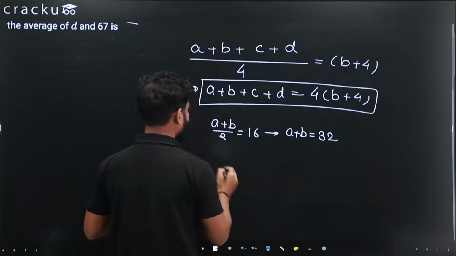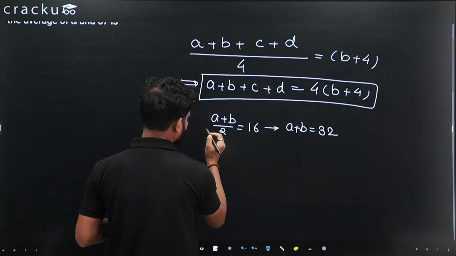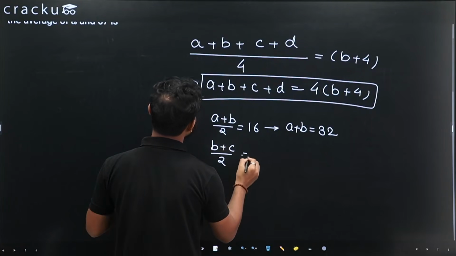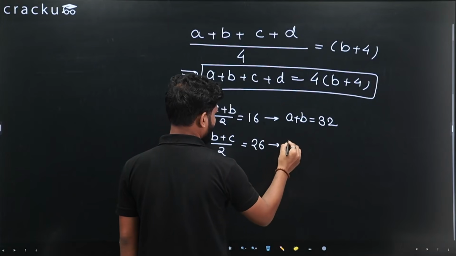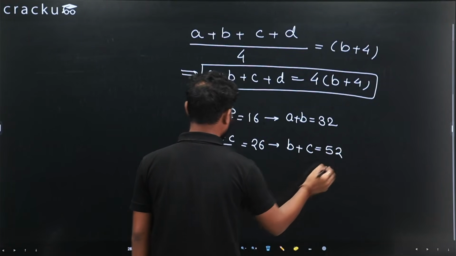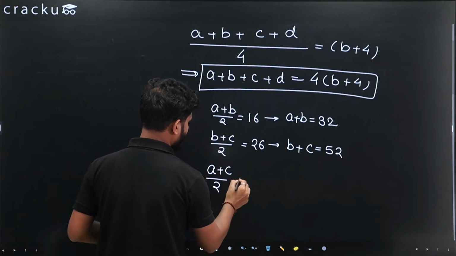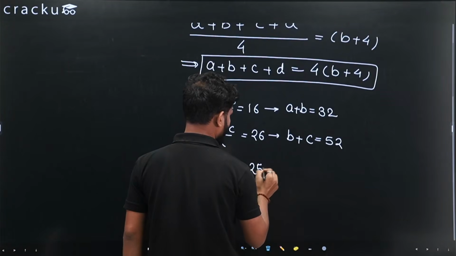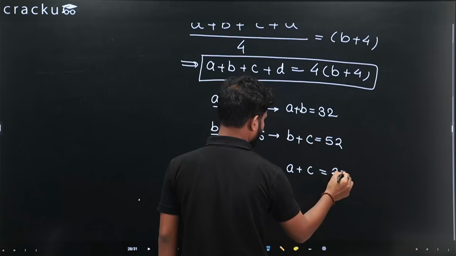B plus C divided by 2 is given as 26. So from here B plus C will be 26 into 2, 52. What is A plus C? A plus C divided by 2 is given as 25. So from here I can write A plus C is 50.